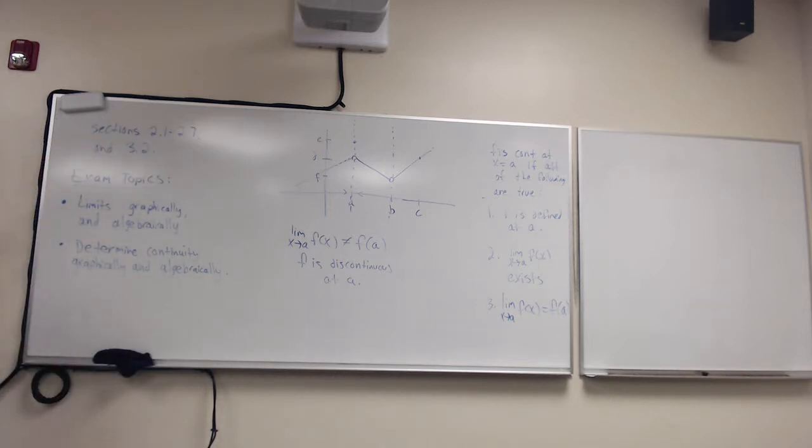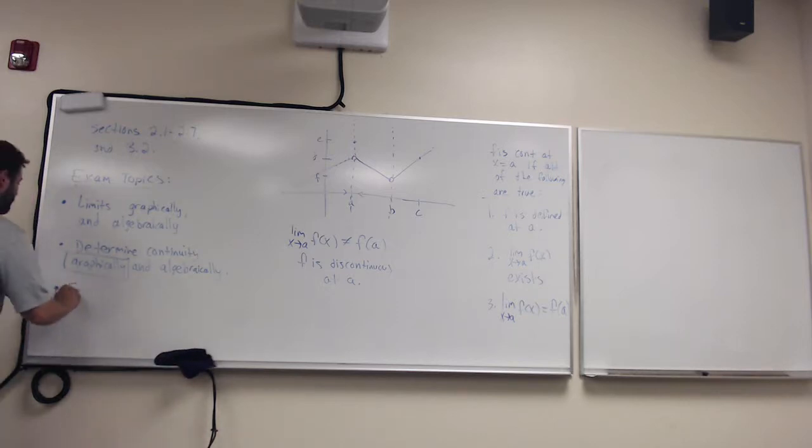And you should probably be able to explain why it's not continuous using limits on those 3 conditions. I don't want to get too carried away with continuity. It'll most likely just be a graphical continuity question. Okay. So limits graphically and algebraically, continuity graphically and algebraically, but most likely just graphically.